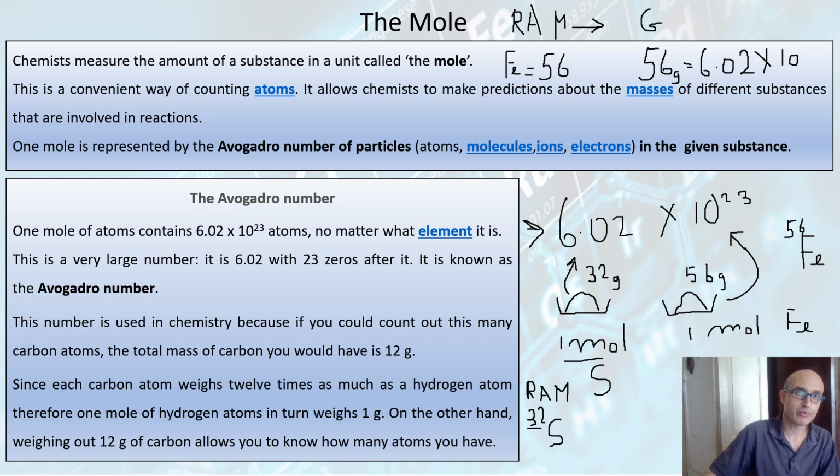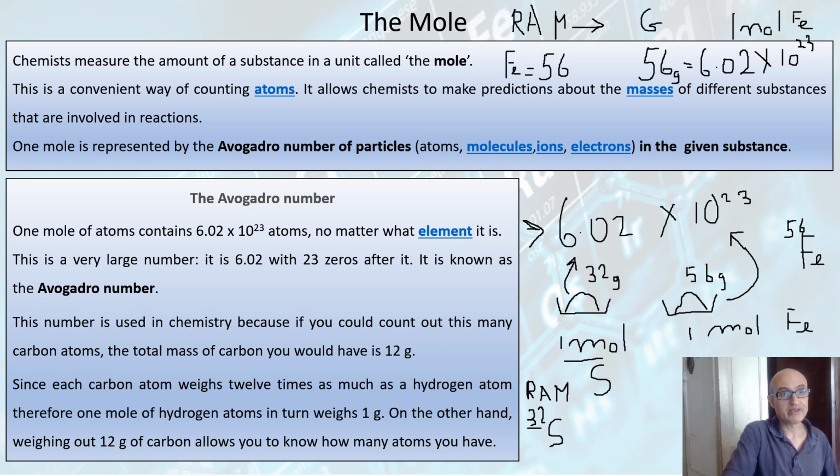Okay, so it's 6.02 times 10 to the 23 iron atoms. 6.02 times 10 to the 23 iron atoms is 1 mole of iron, and 1 mole of iron will weigh 56 grams. Okay, so I'll put in all of the information that you need here so that when you replay the lesson you will be able to understand it better.